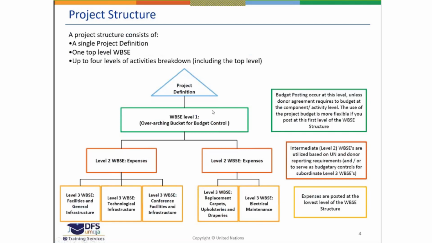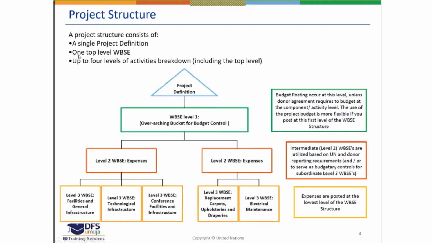If you assign the budget to this level, this budget can be consumed in all these activities. If you assign the budget to this level two, it could only be spent in these two activities that depend on this level. Do you understand? So it's safer and more flexible if the budget assignment is done at level one, so you have more options for how to distribute this budget. Okay.